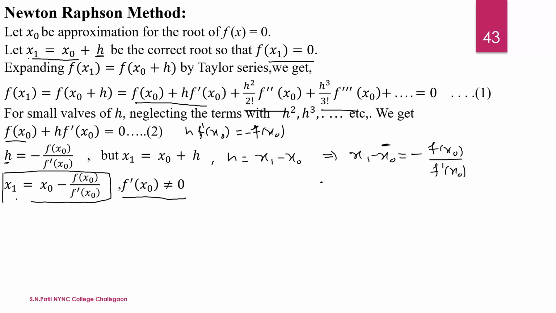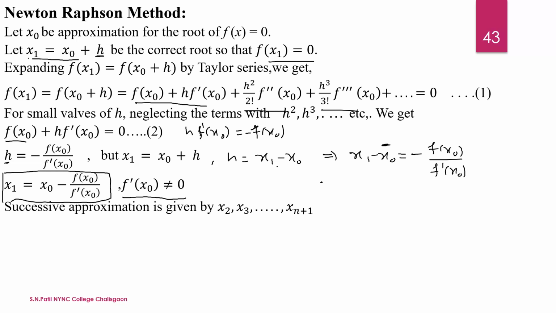So first we consider x0 to be the approximate root. Now from that we get the first approximate root x1 equal to x0 minus f upon f'. Now successive approximations are given by x2, x3.